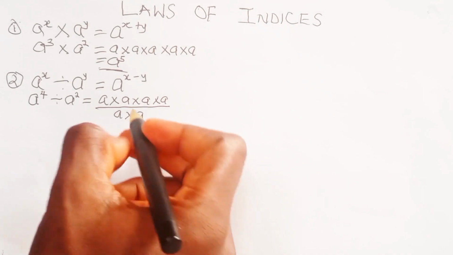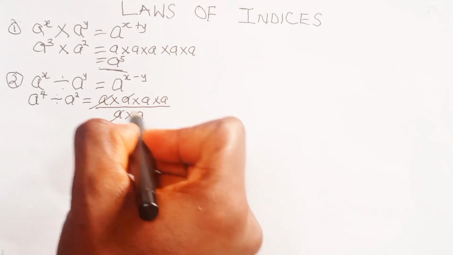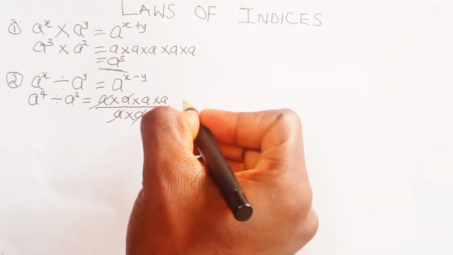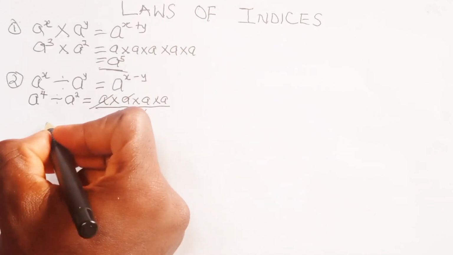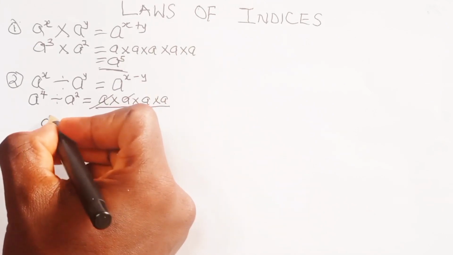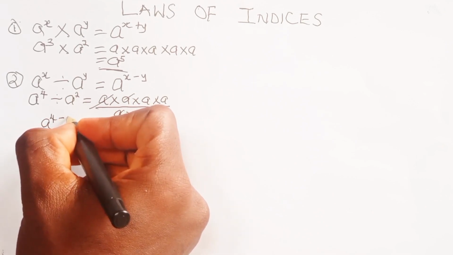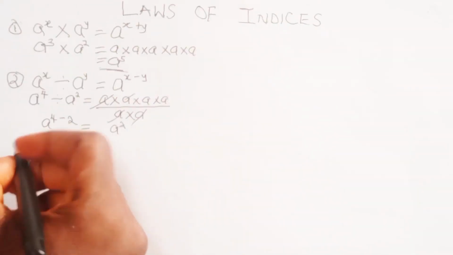So looking at what I've got, I can simply divide this. Now I'm left with a raised to power 2. And looking at that, you will notice that a raised to power 2 is actually gotten from a raised to power 4 minus 2. So that's the law explained.